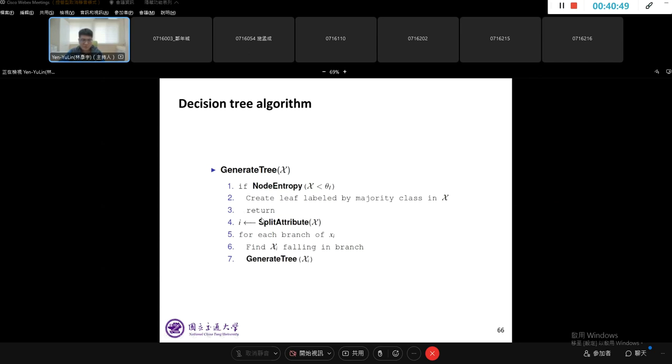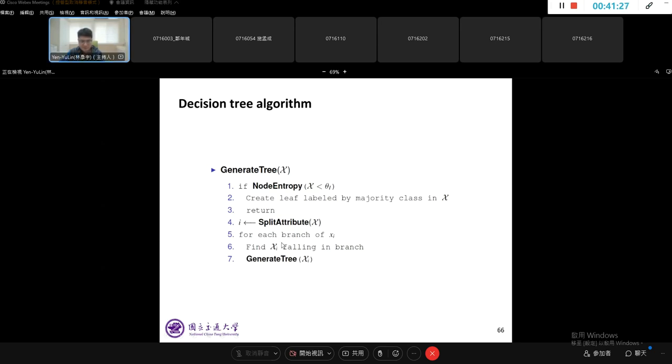Okay, this is the situation to construct a leaf node. Otherwise, this node is a decision node. In this situation, we call a function split attribute. This split attribute function is used to select some particular attribute, or to identify the optimal split, so that with this split, we can divide the data into several branches.